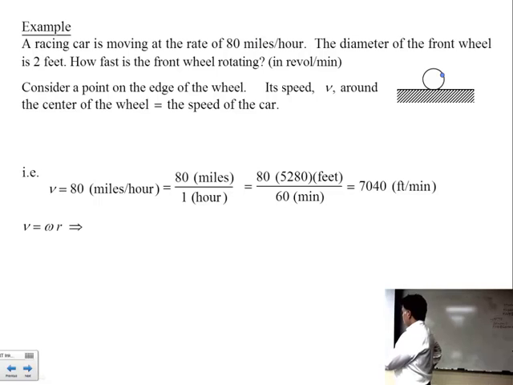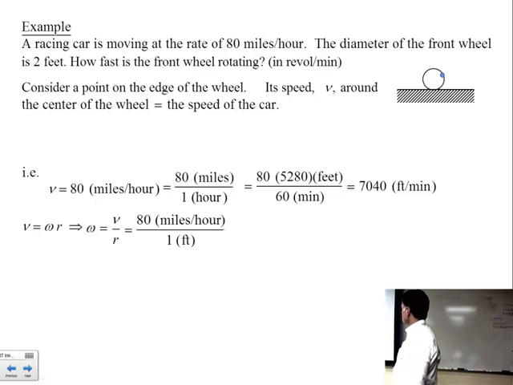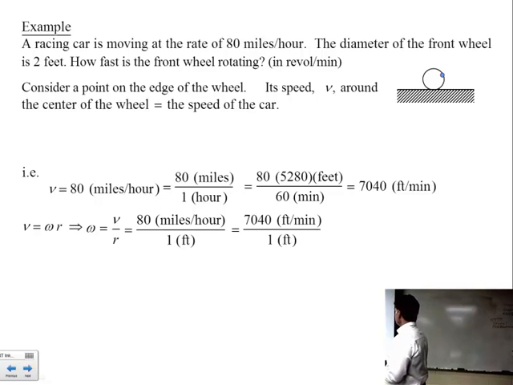Okay, V is omega r, so omega, what we're looking for, is V over r. So V is 80 miles an hour over the radius. Well, the diameter is 2 feet, so the radius is 1 foot. So we've got this in feet per minute already.